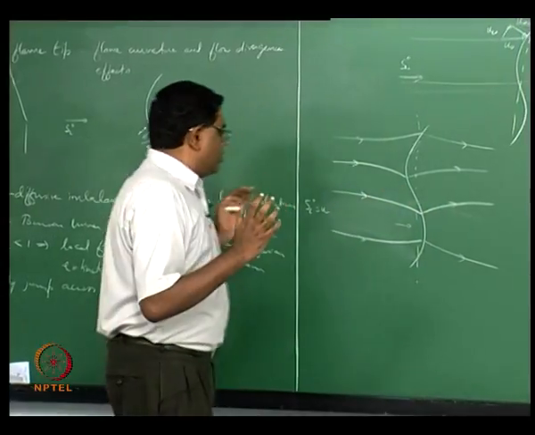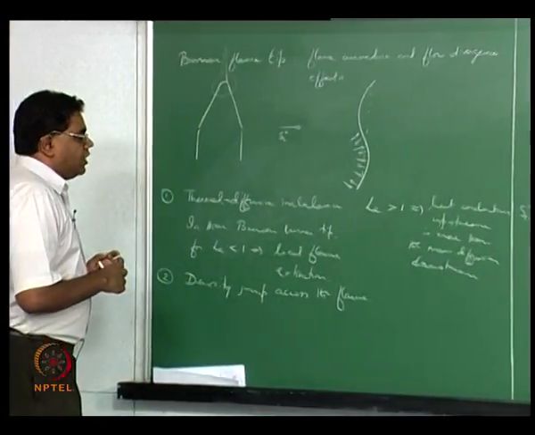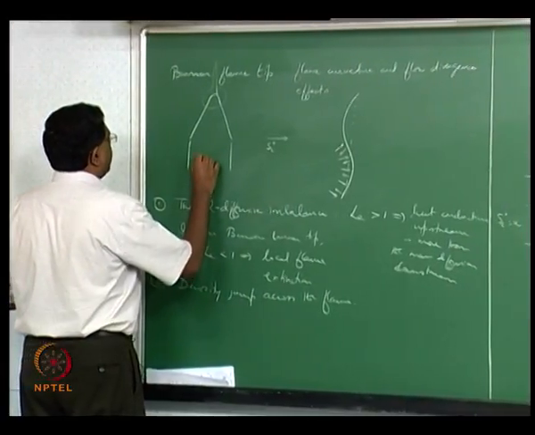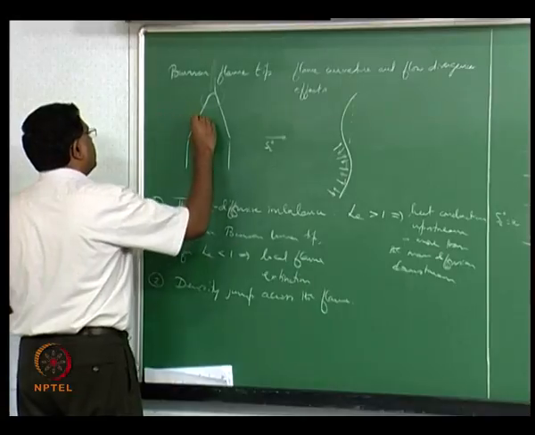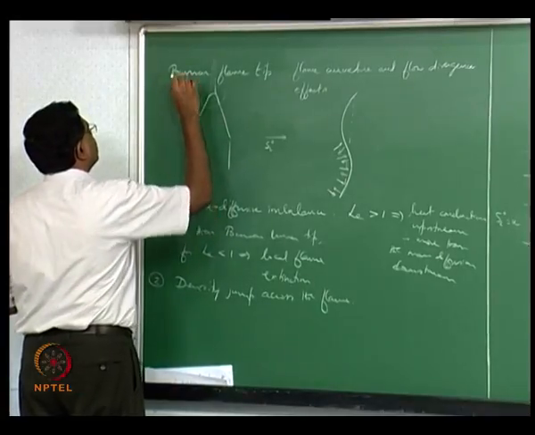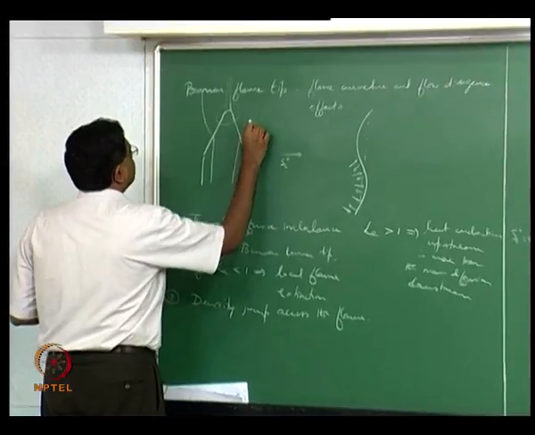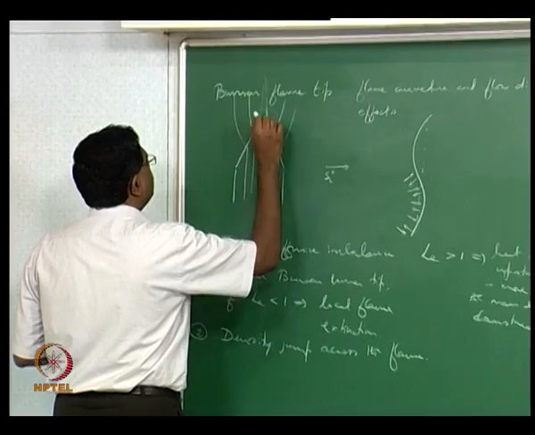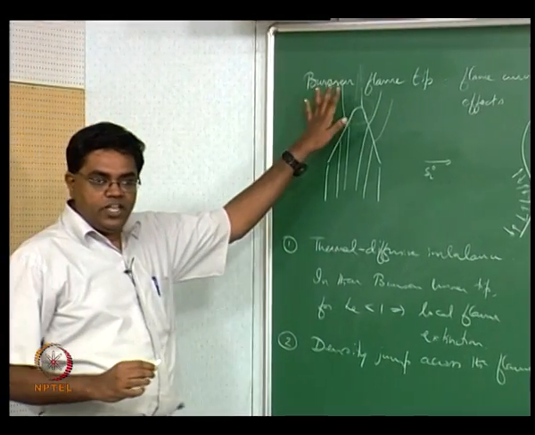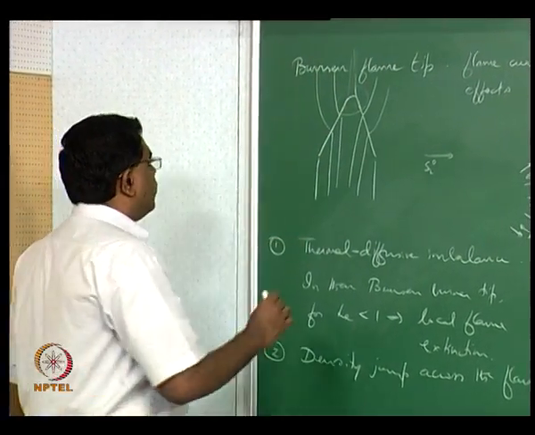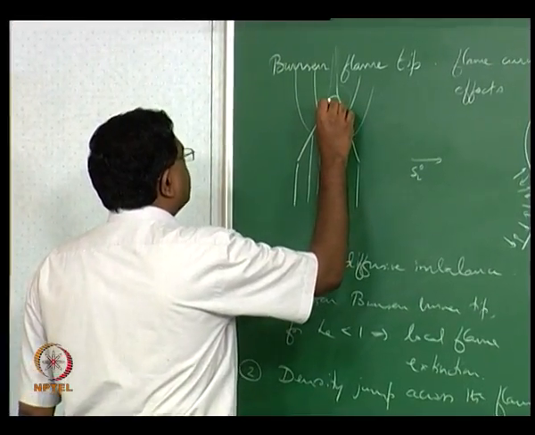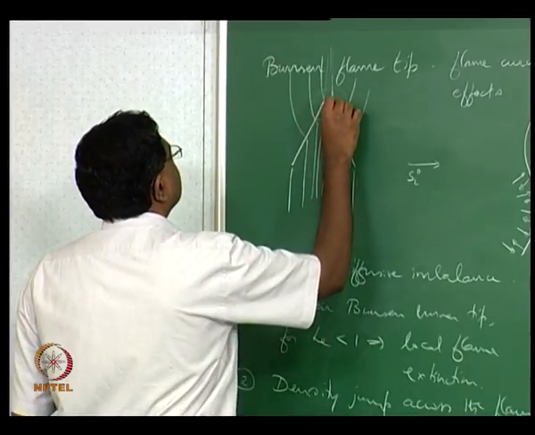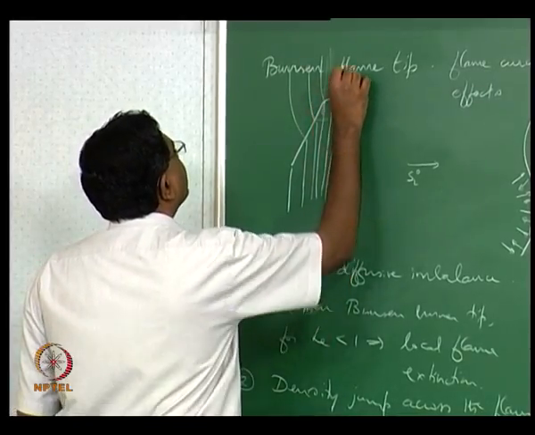We see this actually happening in a Bunsen burner. For example, when you talk about a streamlined path approaching the flame, you know for a fact that you have a streamlined path that goes like this. The flow is getting diverged for the most part, and that continues to happen over here, but locally it tries to squeeze in and then diverge.